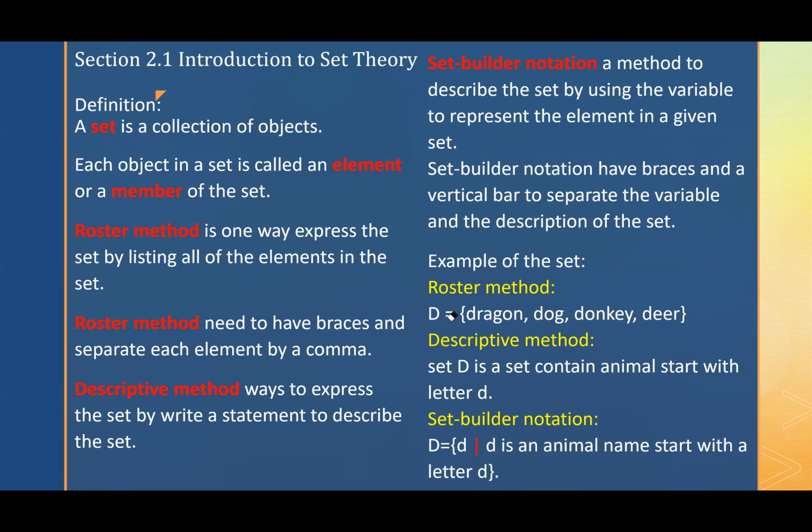So basically, for the first part, they probably ask how you can maneuver between the three, right? If they give the description, can you list out the elements in a roster method? Or if they give you the set builder notation, can you put it in a roster method? Or if they give you the roster method, can you describe what the set represents?